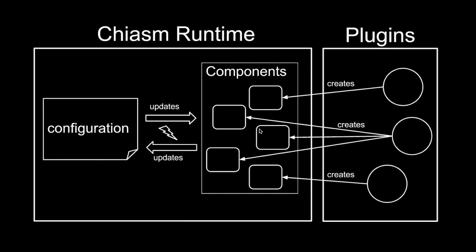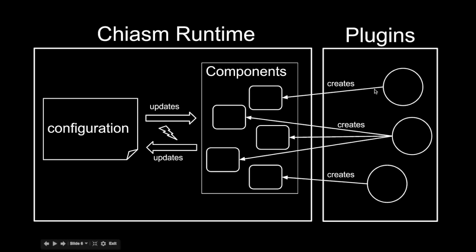So are these plugins the actual charts that you're trying to do? So yeah, there would be a plugin, for example, for BarChart and Scatterplot, and another plugin for loading data from a CSV file. And then the configuration, when it's loaded, will cause Chiasm to invoke these plugins.